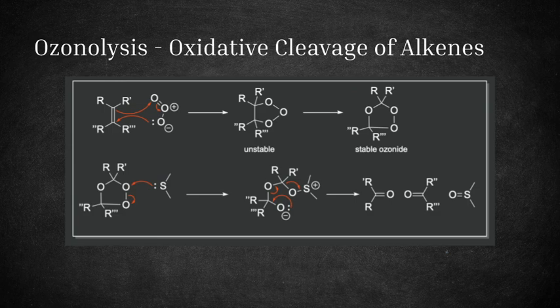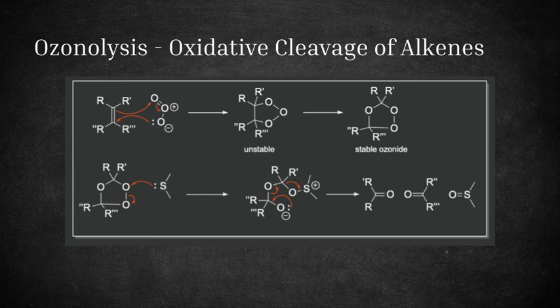Simultaneously, a non-bonding electron pair from the other terminal oxygen atom forms a bond with the second carbon of the alkene. This concerted reaction forms an unstable intermediate known as a molozonide, which rapidly rearranges into the more stable ozonide intermediate through bond rearrangements.